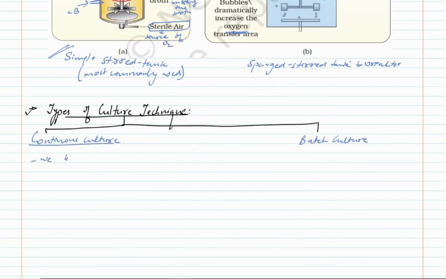In continuous culture, we keep on adding the culture medium and simultaneously we remove the product formed.